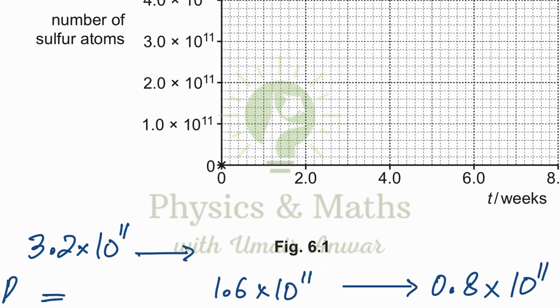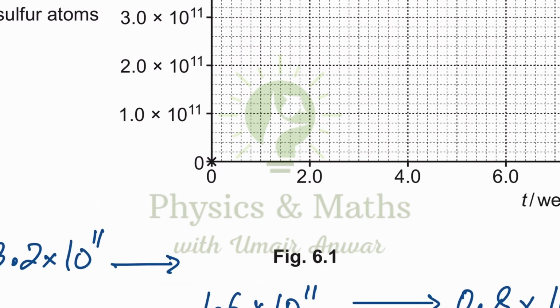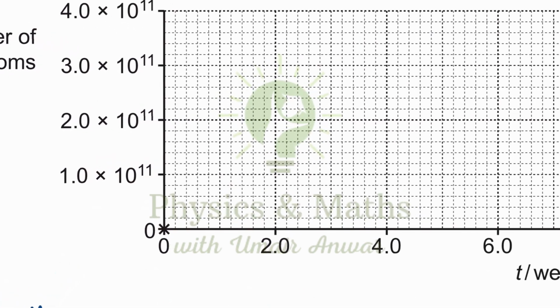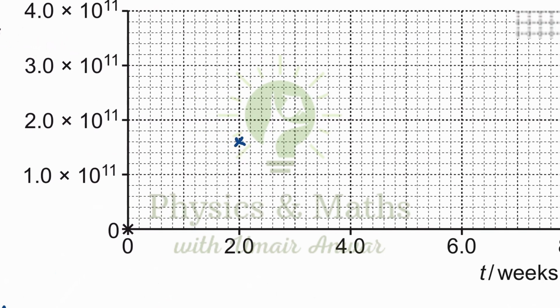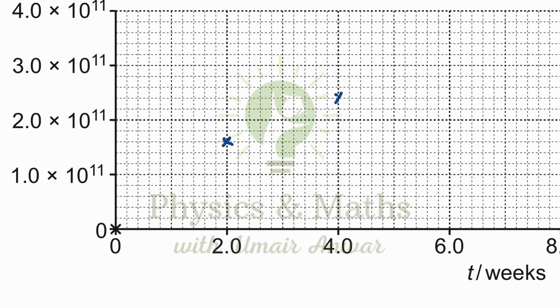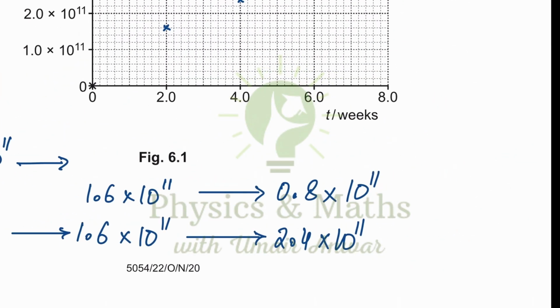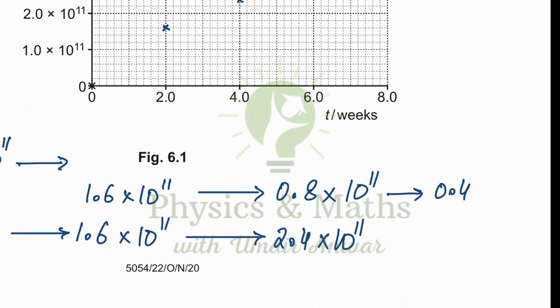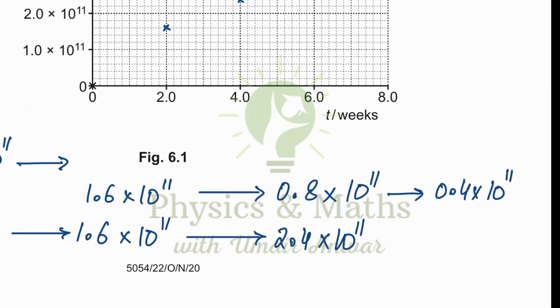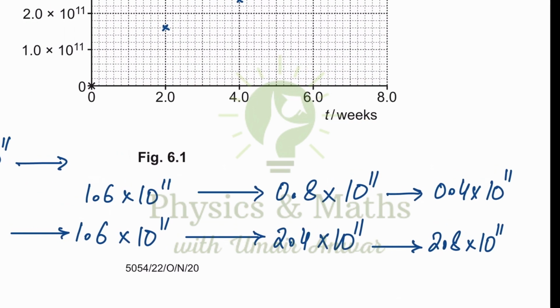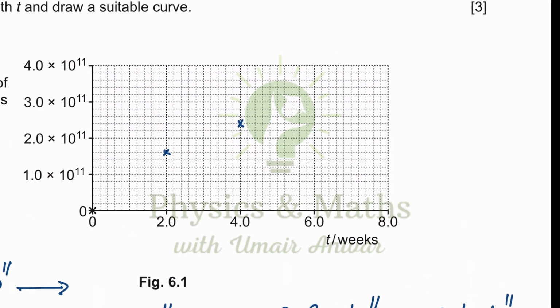So after 2 weeks, I would be marking a point at 1.6 × 10^11, and after 4 weeks it should be marked at 2.4 × 10^11. Now after a further 2 weeks, phosphorus becomes 0.4 × 10^11. It becomes further halved, and the quantity which was decreased would be added over here. So it becomes 2.8 × 10^11. So the next point would be 2.8 × 10^11.